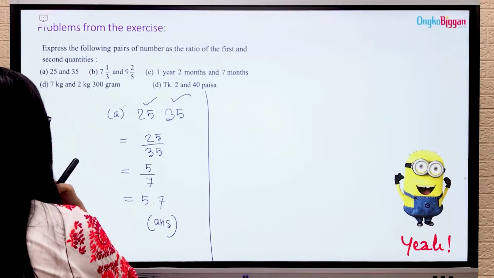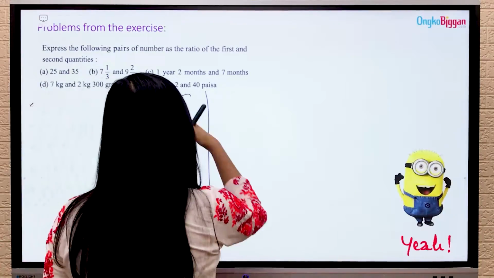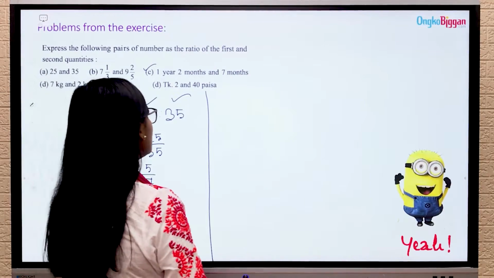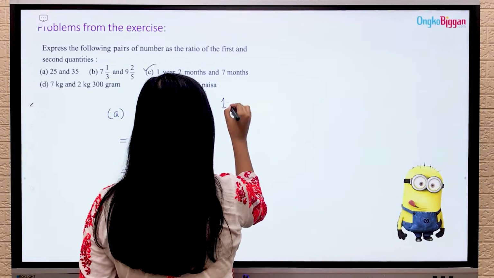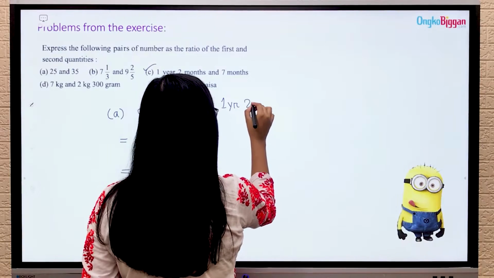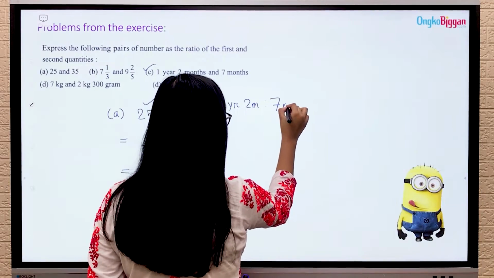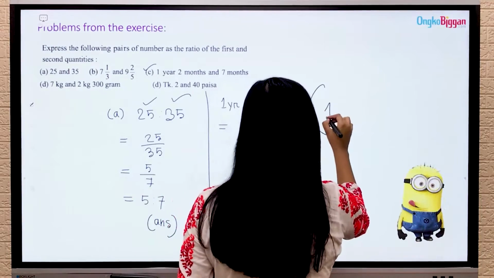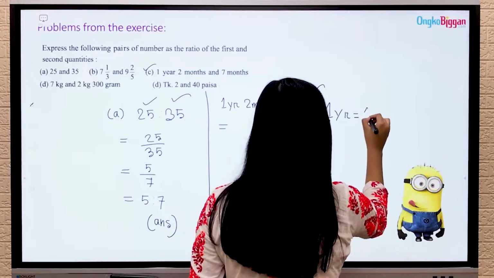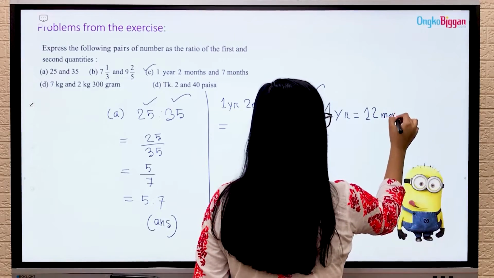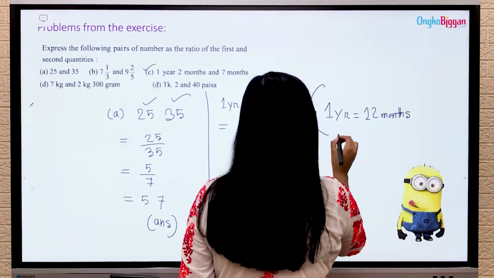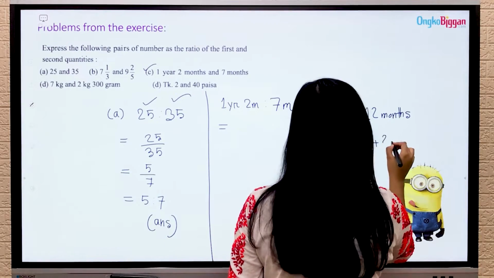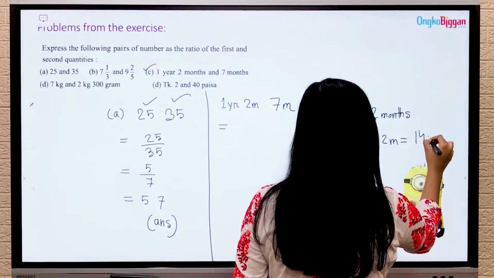Similarly, let's solve another one. Let's solve number C. Here we can see 1 year 2 months and 7 months. That means 1 year 2 months is to 7 months. 1 year equals 12 months. Therefore, 1 year plus 2 months equals 14 months.